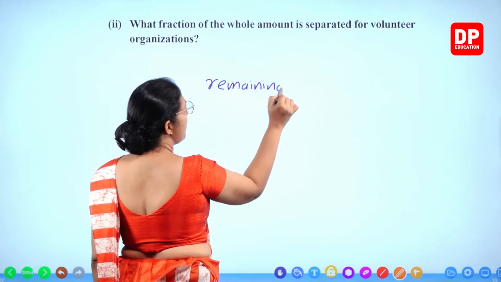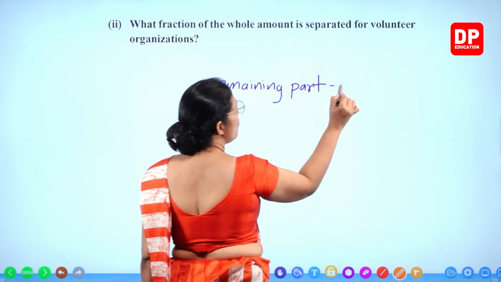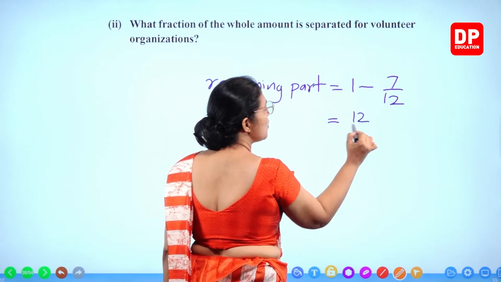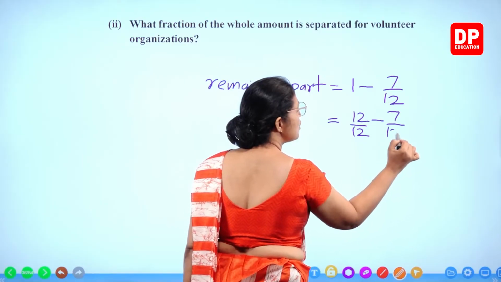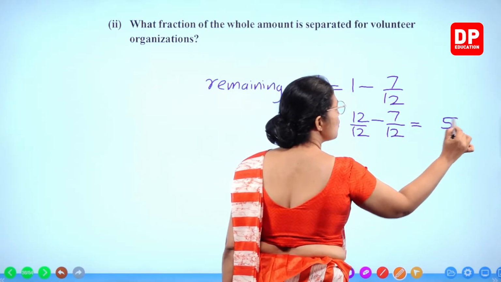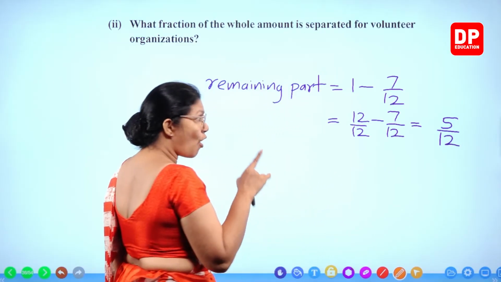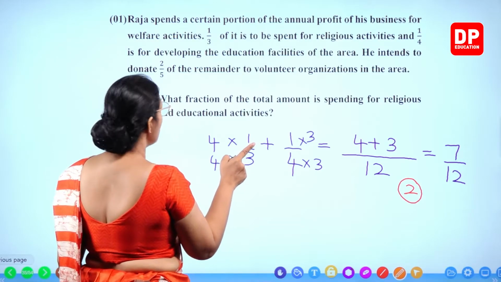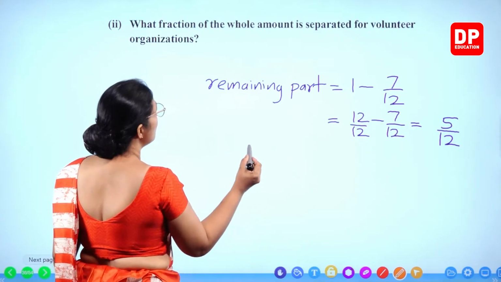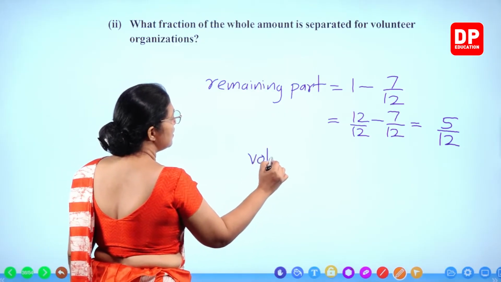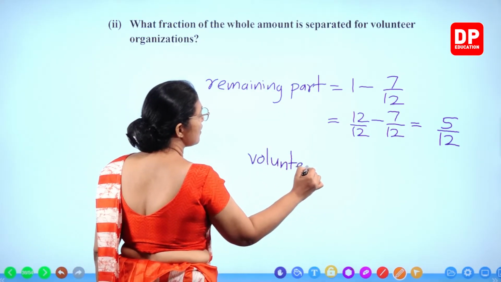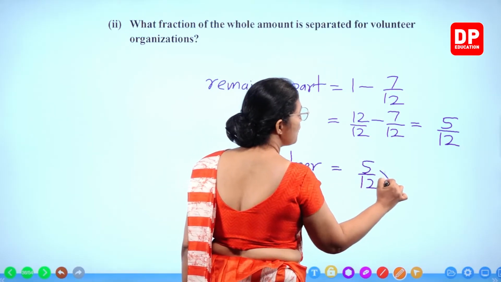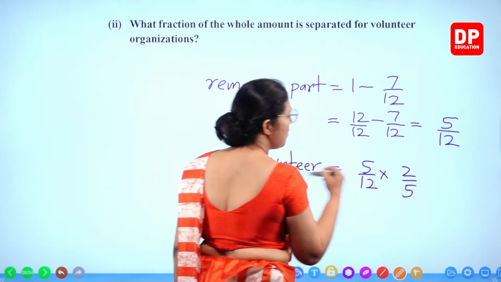Remaining part is 1 minus 7/12. So that means 1 you can write as 12/12 minus 7/12. That's 5/12. Then from the remaining you spend 2/5. So for the volunteer part is 2/5 of this remaining part.